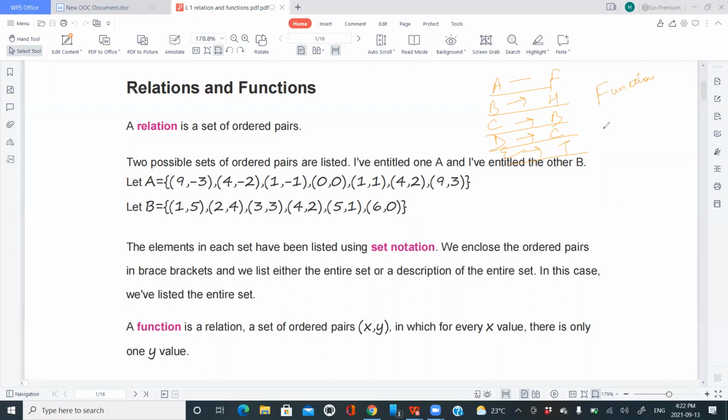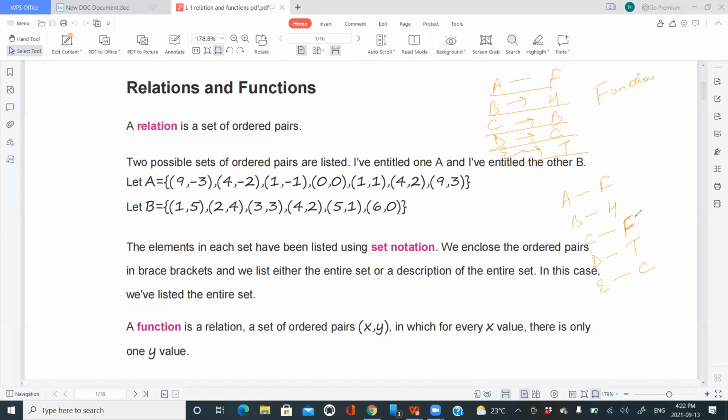But if I say A likes football, B likes hockey, C also likes football, D likes tennis, and E likes cricket, is this an example of a function or not? I think it's an example of a relation. Is this a relation or a function?